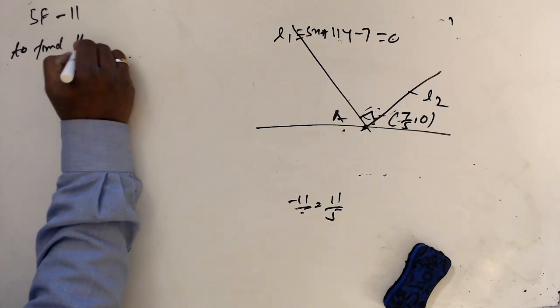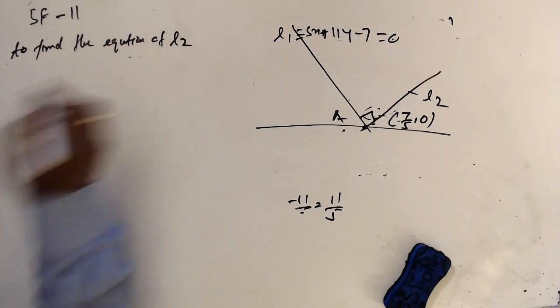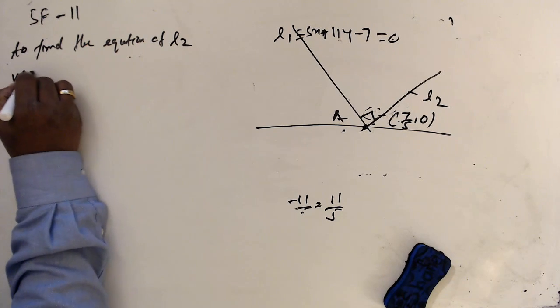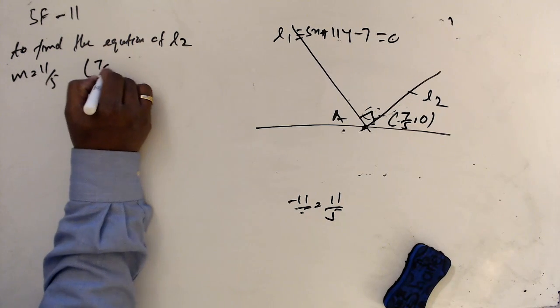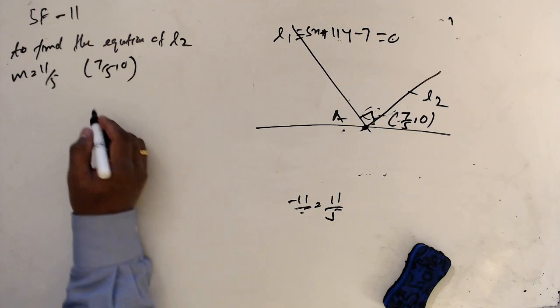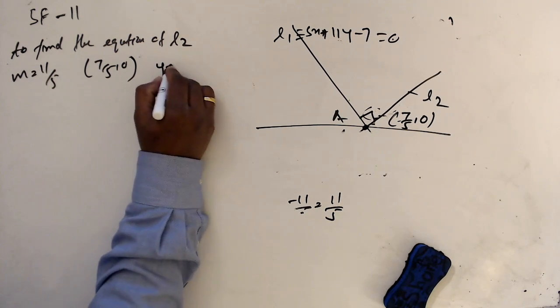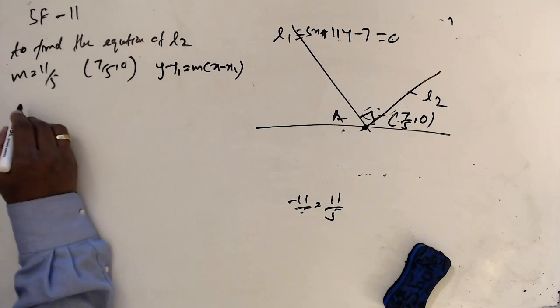To find the equation of L2, now m equals 11 over 5, and we have a point, 7 over 5, because it's going through it. I am using y minus y1 equals m times x minus x1.